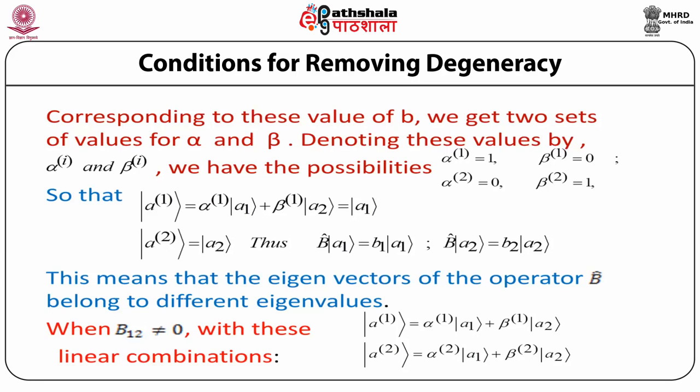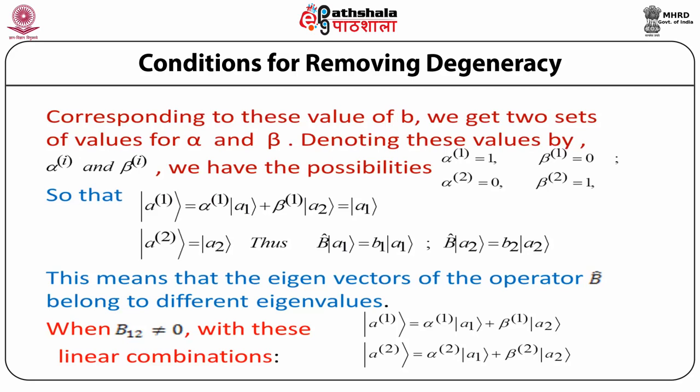Denoting these values of alpha and beta by alpha 1 and beta 1, we have the possibilities alpha 1 is equal to 1, beta 1 is equal to 0, alpha 2 is equal to 0, beta 2 is equal to 1. So that we can write ket vector A1 is equal to alpha 1 ket vector A1 plus beta 1 ket vector A2 is equal to ket vector A1.